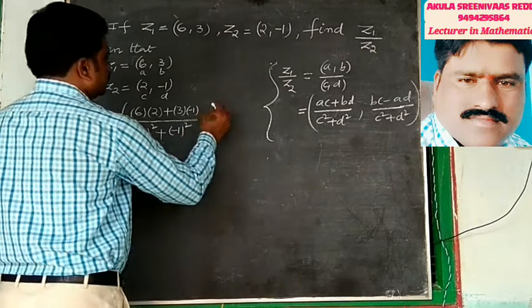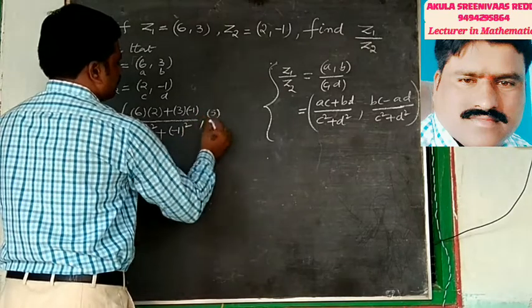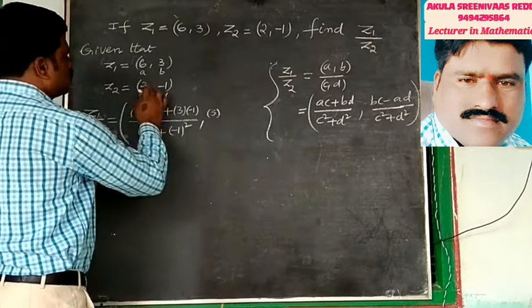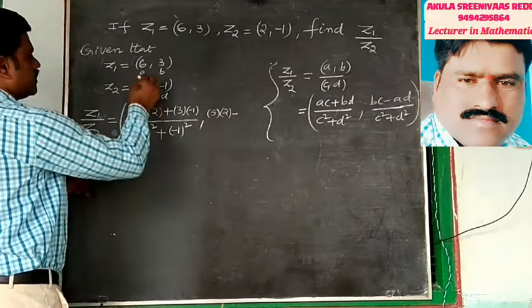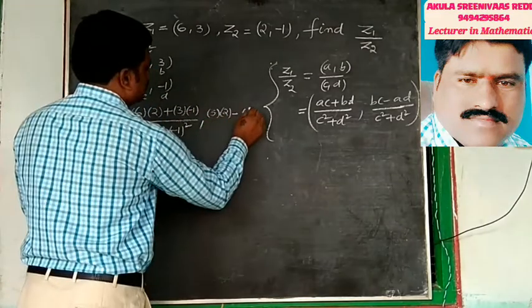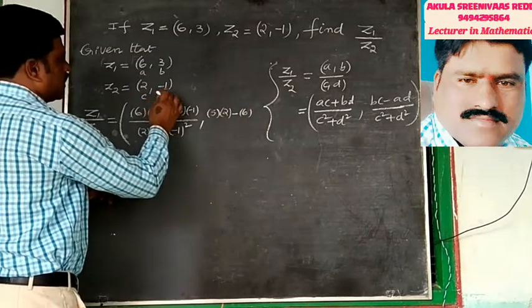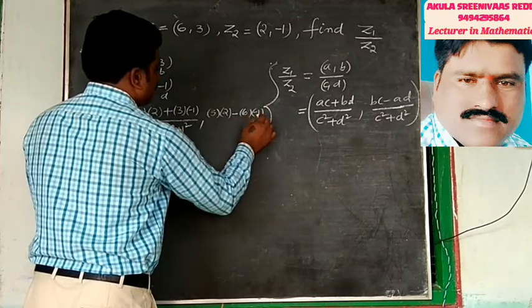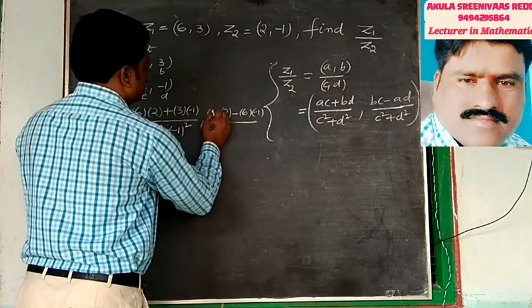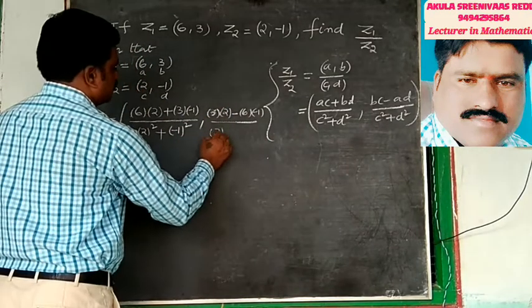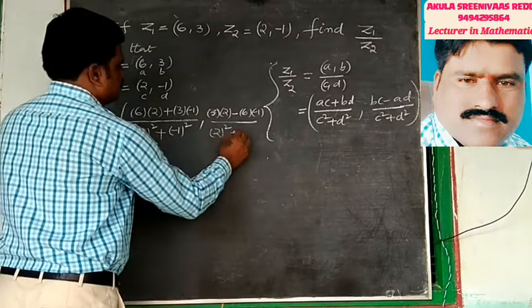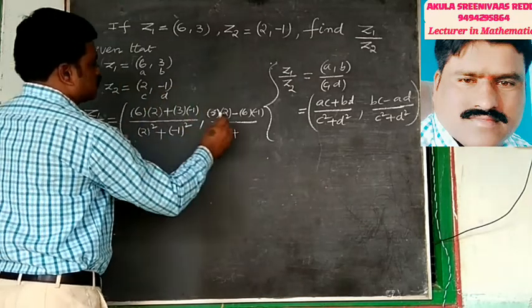Next, b value is 3 and c value is 2, minus a value is 6 and d value is -1, by c square means 2 square plus d square means (-1) whole square.